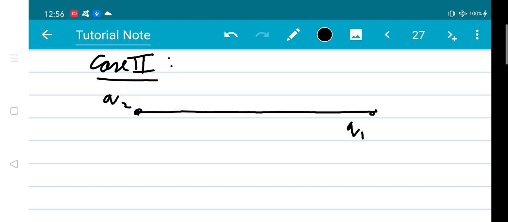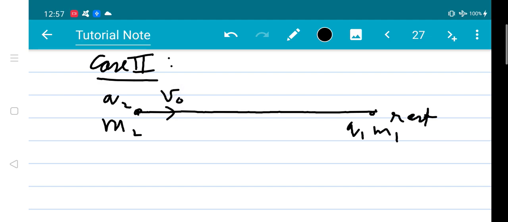Let the mass of Q2 be m2 and the mass of Q1 be m1. Let us say that initially the charge Q1 is at rest. It is not fixed, but it is at rest. The charge Q2 is moving towards Q1 with a velocity V0.